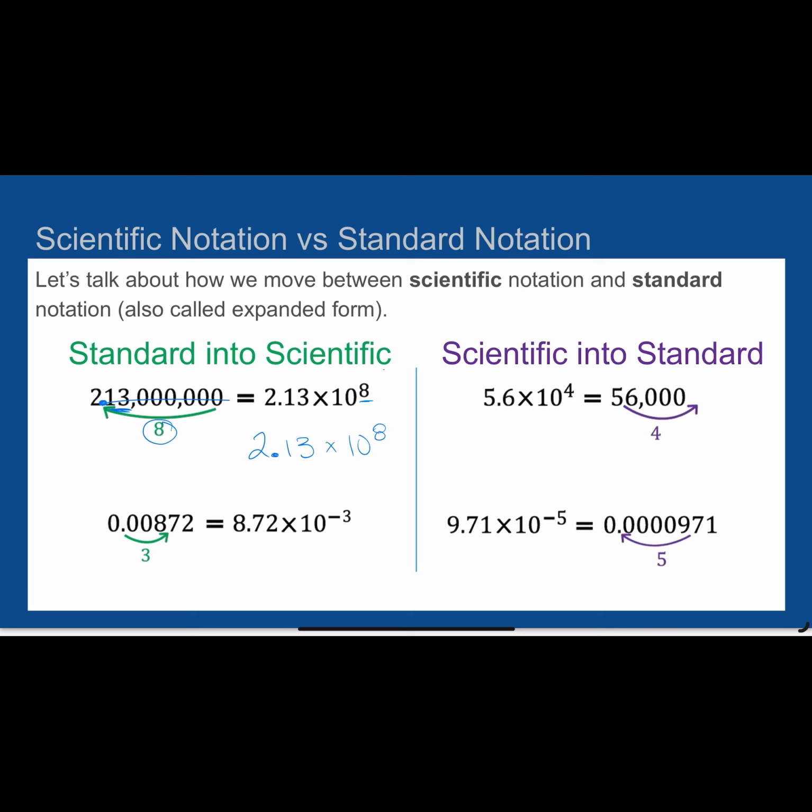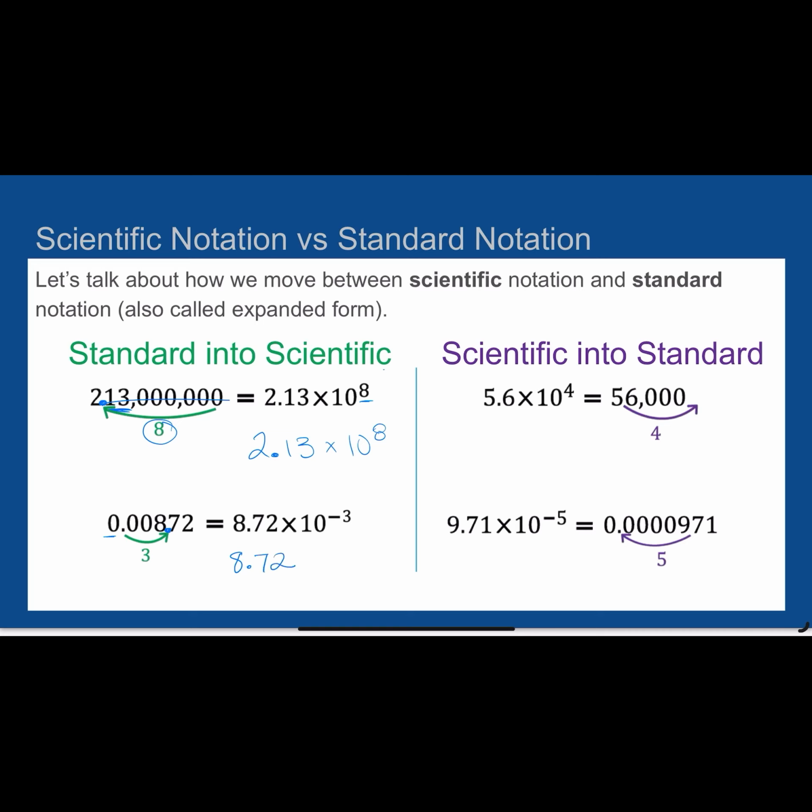Now, if we're starting with something that already has a decimal and nothing in the ones place, so a really tiny number, then we are still going to find our first number that's not a zero and put the decimal right behind it.